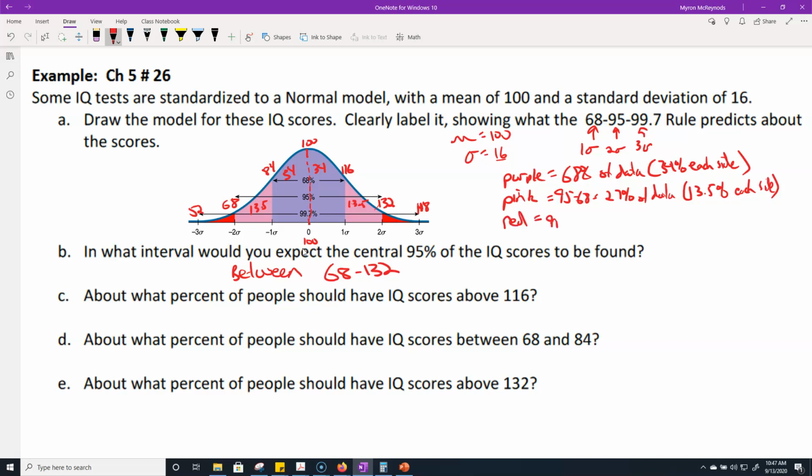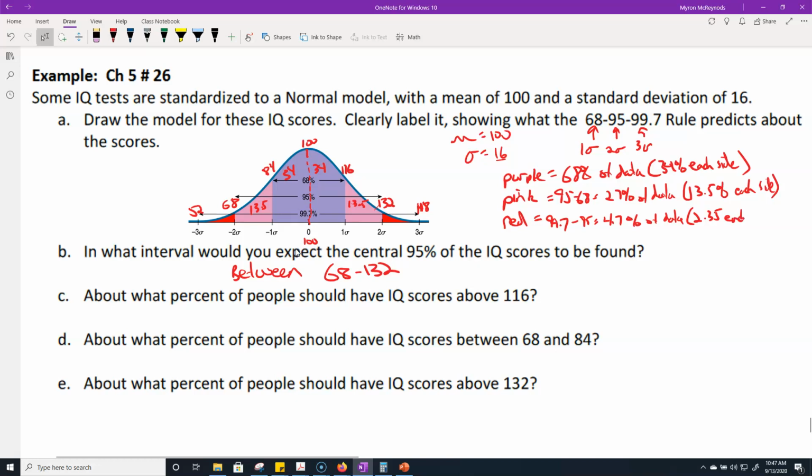Now the red is 99.7% of all stuff is in between the purple, pink, and red, right? Between the 3 standard deviations from 52 to 148. But we've already taken account 95% of it, so minus that 95%, and we get what? On this one, we get 4.7% of data is in the red, and 2.35 on each side.